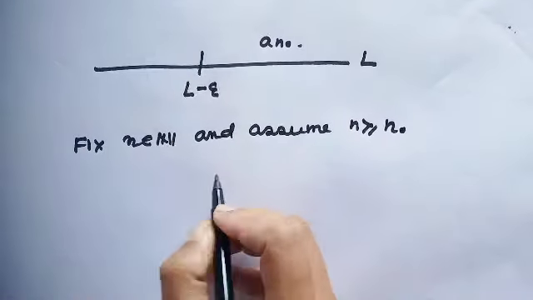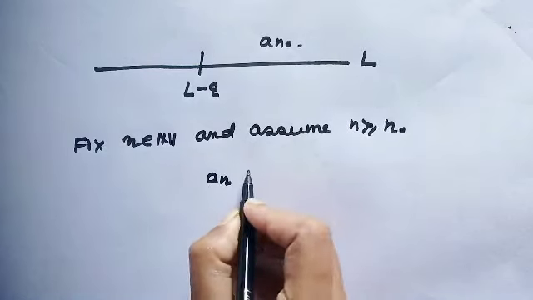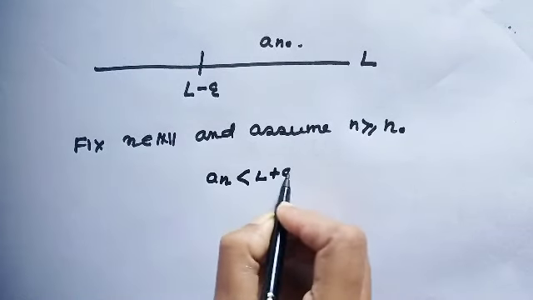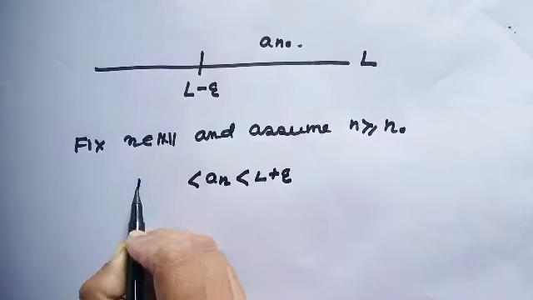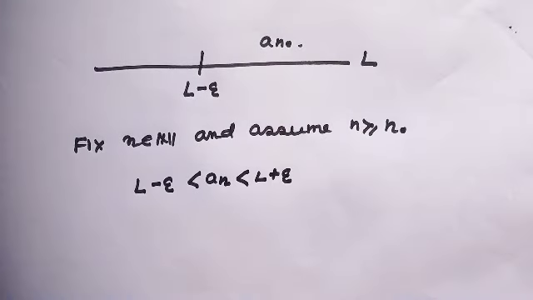I need to show a_n is strictly less than L plus epsilon and strictly greater than L minus epsilon.